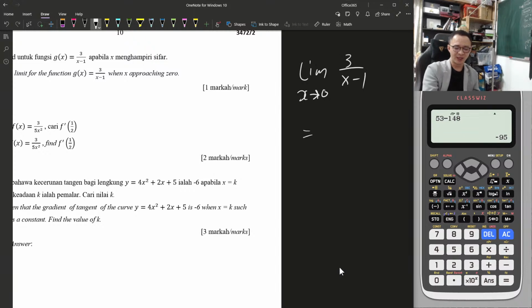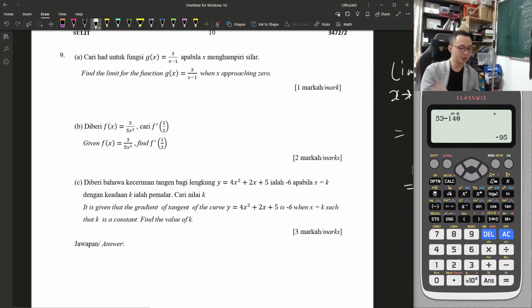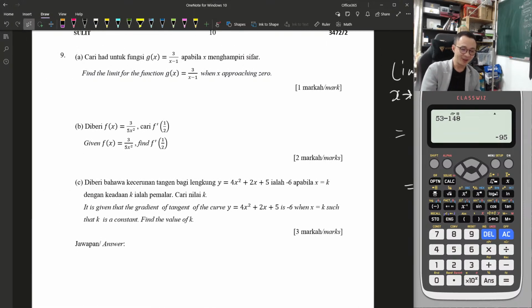I don't know, this one seems like a bonus mark question. 3 over 0 minus 1, so we will get -3. Yeah, no surprise. Okay, done.